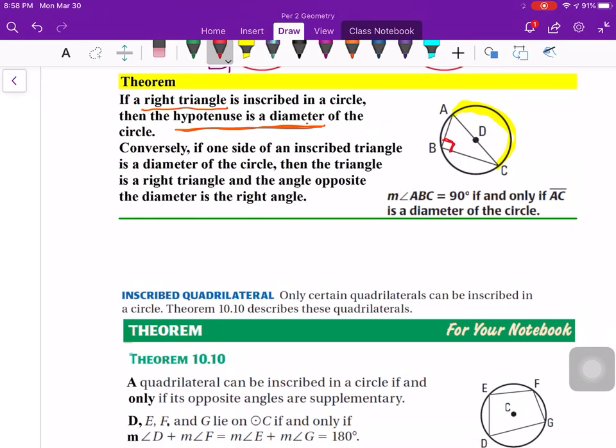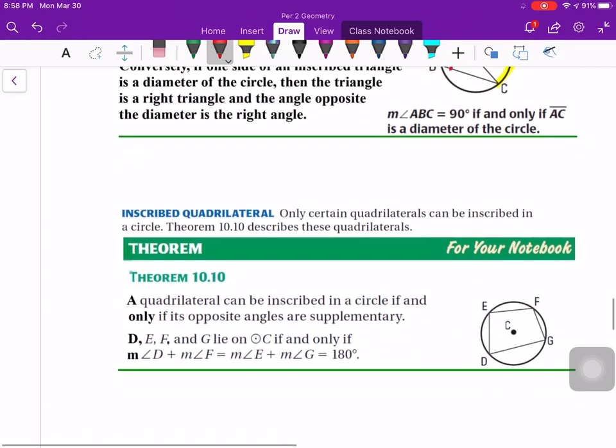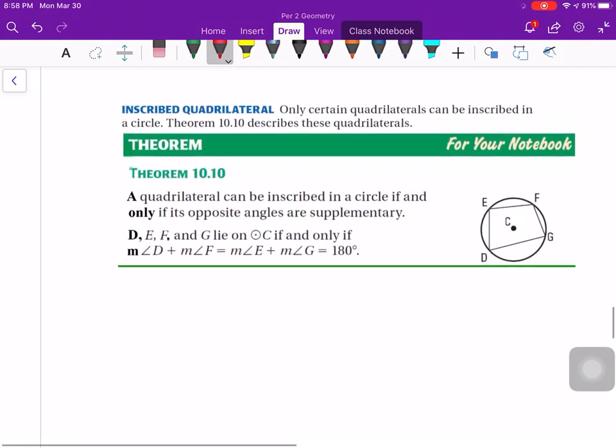So if you have a triangle inscribed in a circle, and one of the sides happens to be a diameter, then it's always going to be a right triangle. And the diameter will be the hypotenuse, and the angle across from that, of course, would then be the right angle. So in an inscribed triangle, if one side's a diameter, then it's a right triangle. And the angle across from that side is always a right angle.